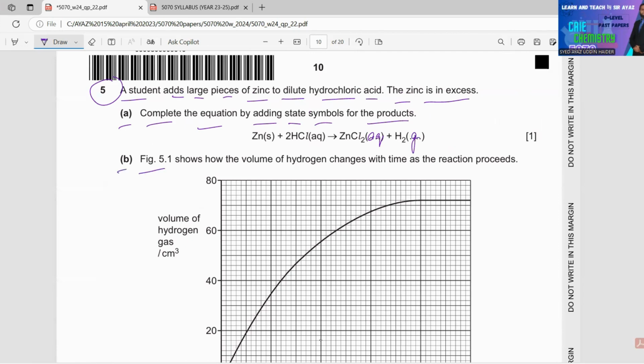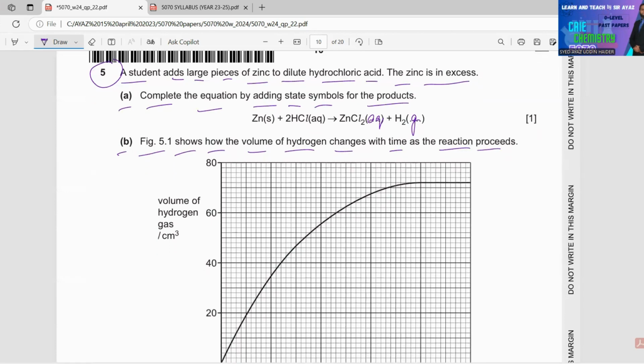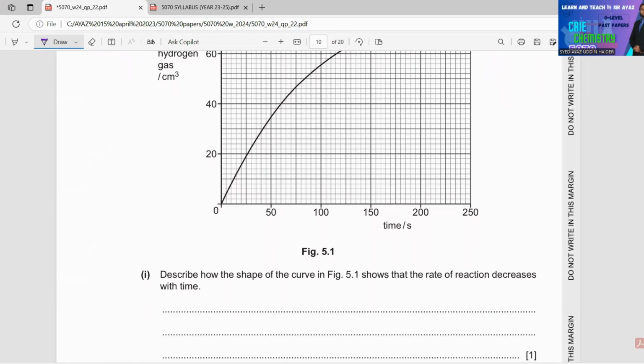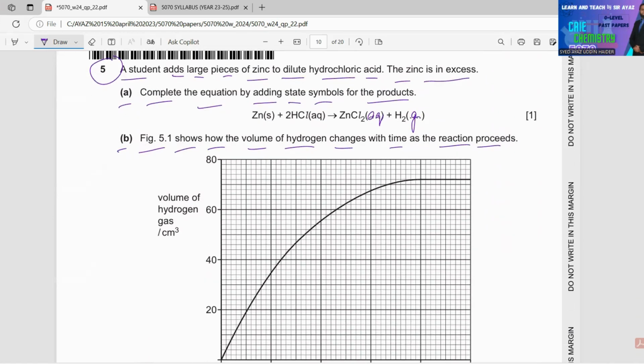B. Figure 5.1 shows how the volume of hydrogen changes with time as the reaction proceeds. Number 1. Describe how the shape of the curve in figure 5.1 shows that the rate of reaction decreases with time. If you look at this graph, you can see the gradient decreases as time increases.